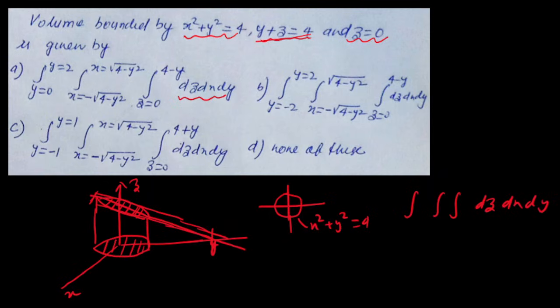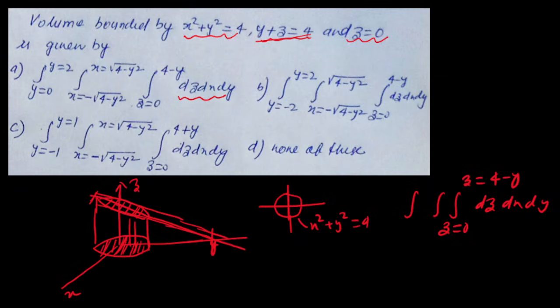So the limit of z, z will always start at xy plane, means z is equal to 0, and it will go up to this plane, that is z is equal to 4 minus y. And we have to now cover the projection of this in the xy plane, means this circle we have to cover.